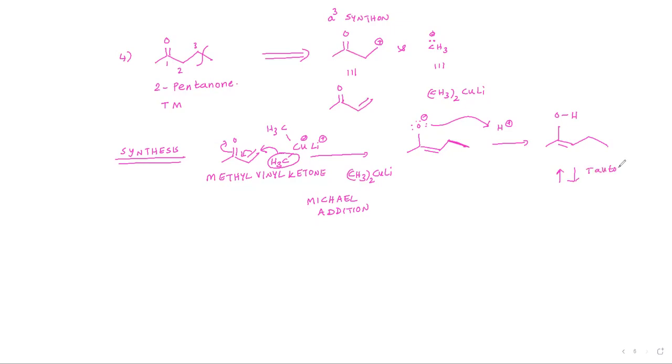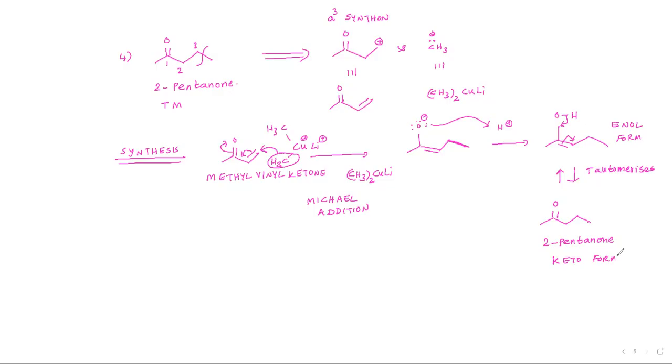tautomerizes to 2-pentanone. This is 2-pentanone. This is the enol form, and this is the keto form.